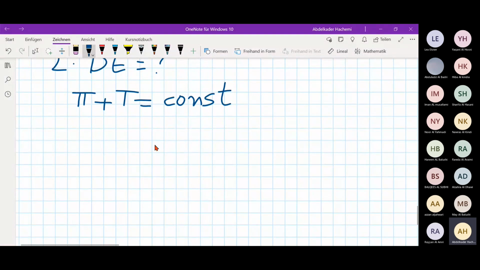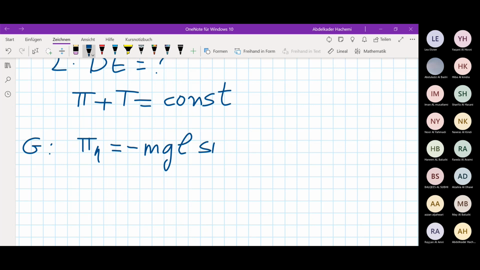Now we define each term that we have here. The potential, I call it P, and this is, I write here, for the weight G. This is P1, and here it's minus mg multiplied by L multiplied by sine phi plus phi 0.